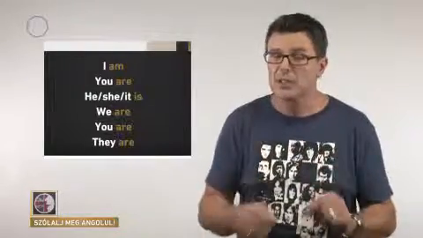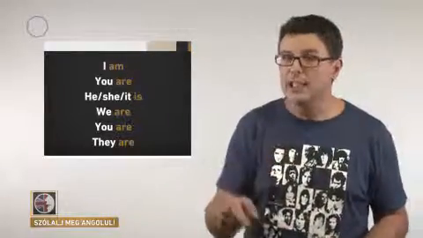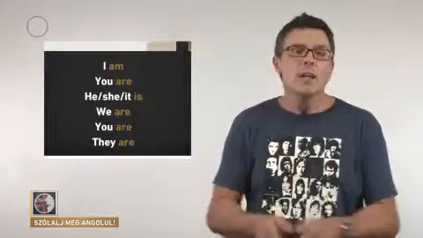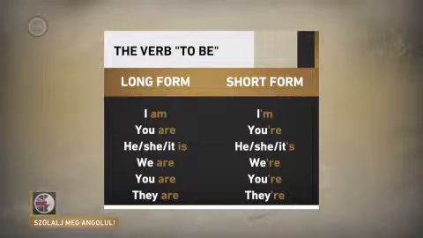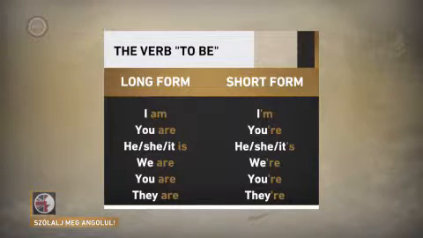But the first person singular is I am, and the third person singular is he, she, it is. Okay, we know that we normally use the short version. So, I'm, you're, he's, she's, it's, we're, you're, and they're. Good. Now, what about the other area where we have to be careful?